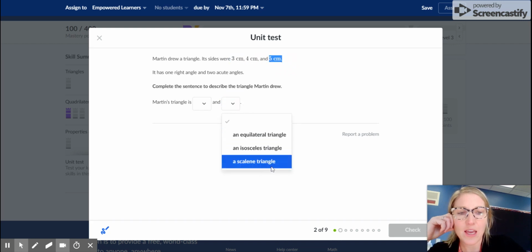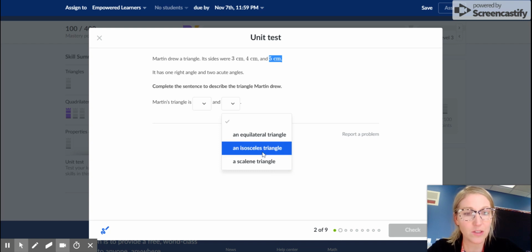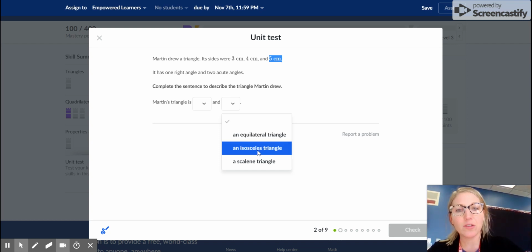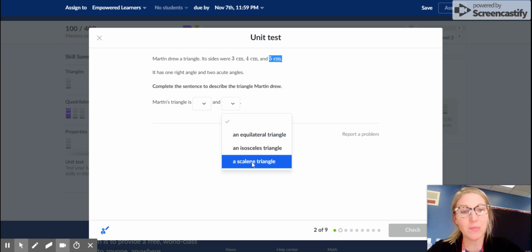So if they all have different side lengths, that's what scalene means, that there's no sides that are the same length. Isosceles means 2 or more sides are the same length, and equilateral means exactly what equal means. Each side length has the same exact length. Okay, so equal means same, iso means 2, scalene means none. No sides are the same length.